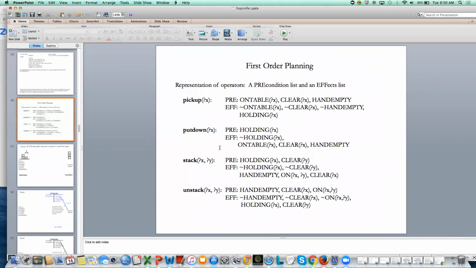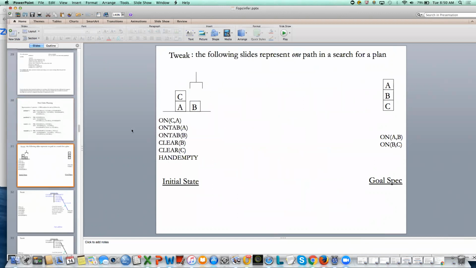The representation of operators, you probably recognize this general representation. Just for the purposes of this treatment, I'll be talking about the STRIPS style operators that we talked about in propositional planning. You have a precondition list. In this case, we're thinking about a kind of robotic domain, which I introduced when we talked about propositional planning.